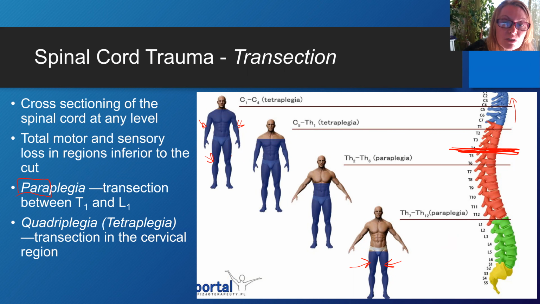That means you lose sensation and motor in both your upper and lower extremities. And this is a transection in the cervical region, because above T1, obviously, is the cervical region. And it's a transection, a complete cut. So you kind of make a cut over here, so nothing is moving up and down, right?